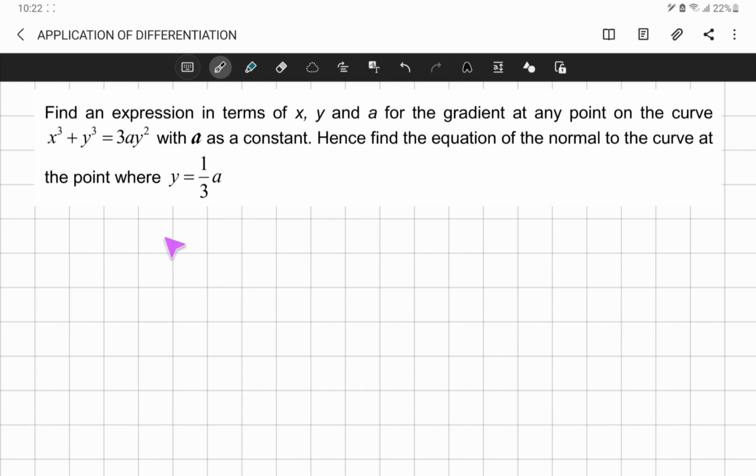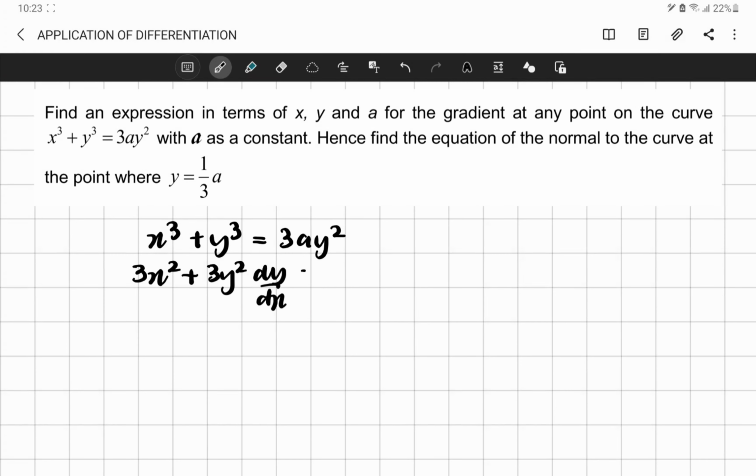So let us differentiate x cubed plus y cubed equals 3ay squared implicitly. Differentiate x cubed with respect to x, we're going to get 3x squared, plus differentiate y cubed with respect to x, we're going to get 3y squared dy/dx, equals differentiate 3ay squared with respect to x, which is 6ay dy/dx.